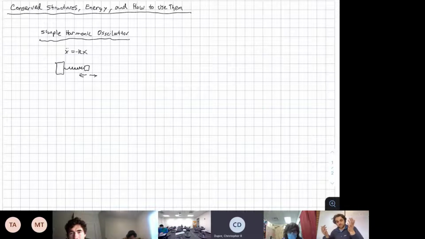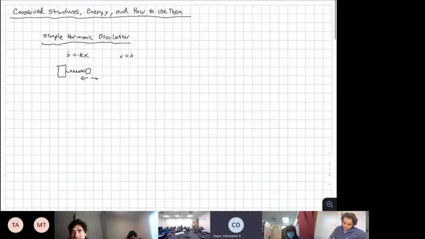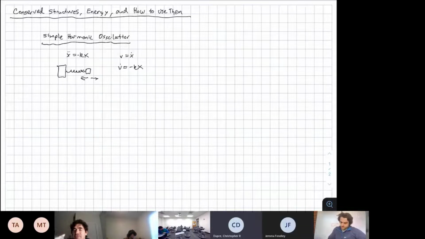And the standard trick that we teach everyone in your first course on ODEs is that if you want to understand a second-order linear differential equation, how do you go about doing that? Well, you define a new variable, v equals x dot. v equals x dot, the standard little trick we say, and then v dot equals negative kx.